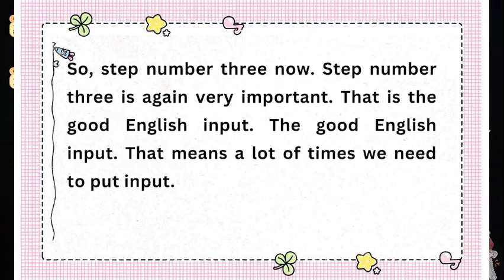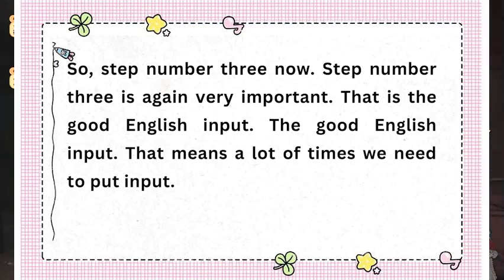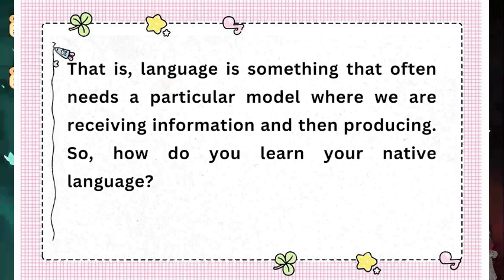So, step number 3 now. Step number 3 is, again, very important. That is the good English input. That means a lot of times we need to put input. Language is something that often needs a particular model where we are receiving information and then producing.